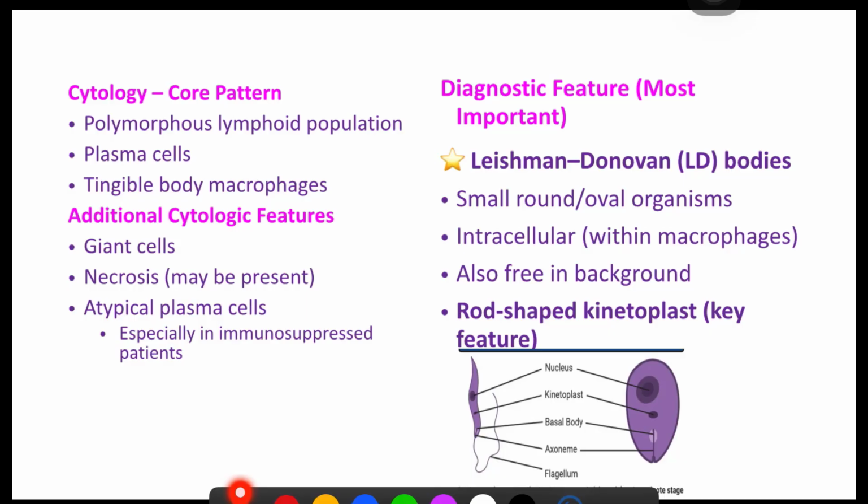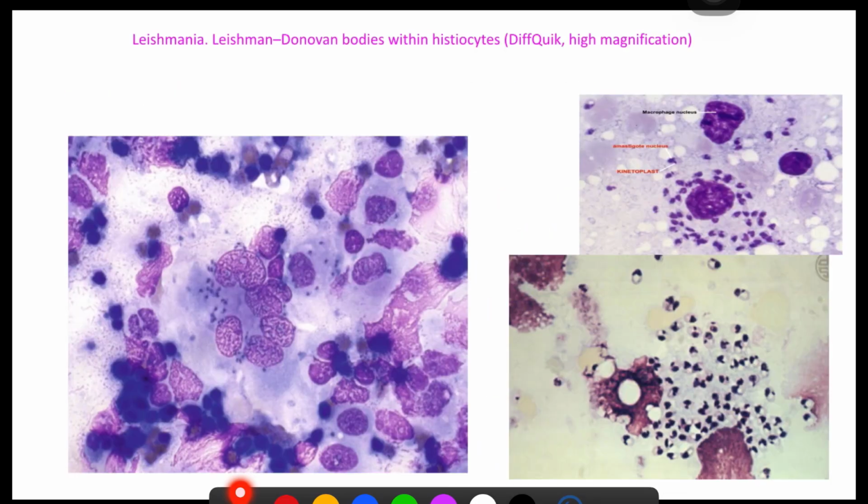So here we can see the promastigote stage and this is the amastigote stage. Here we can see the nucleus, kinetoplast, basal body and axoneme, and in this form we can see the flagellum. Microscopically, in this Diff-Quik smear we can see a cell showing tiny LD bodies intracellularly.